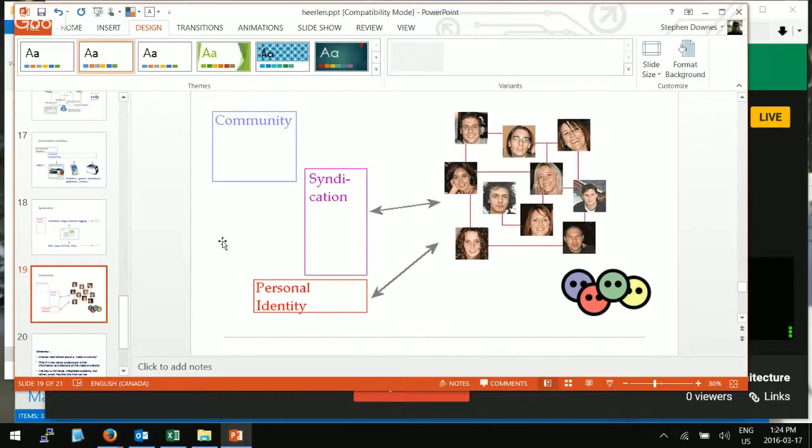All of this feeds into the community that you're a part of. Through syndication and through projection of your identity, you are becoming a part of that community. You are interacting with the other members of that community, and they are interacting with you.